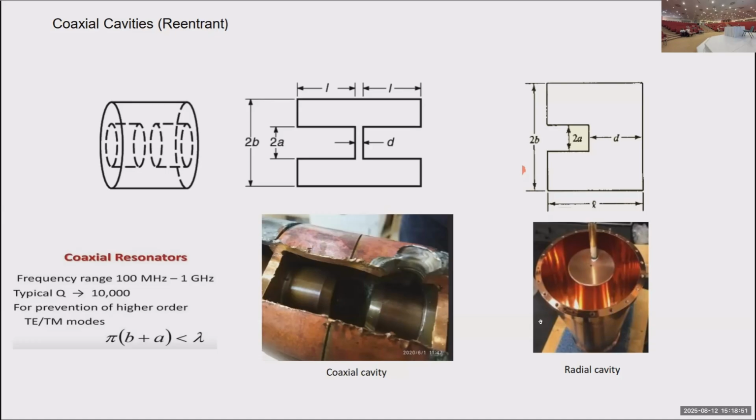The word comes from that. That's the cavity of Philips Electron, a re-entrant cavity, or coaxial one. Another one is the radial cavity, for other purposes. But we are going to talk much more about these on Saturday morning.